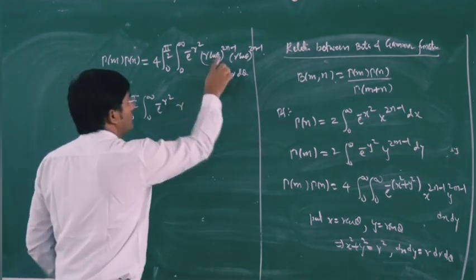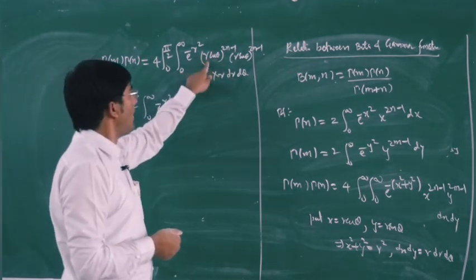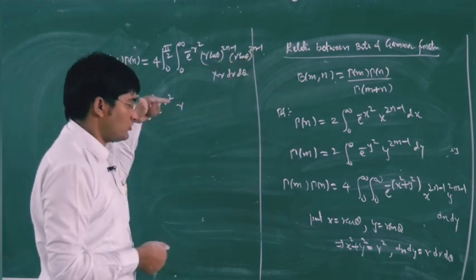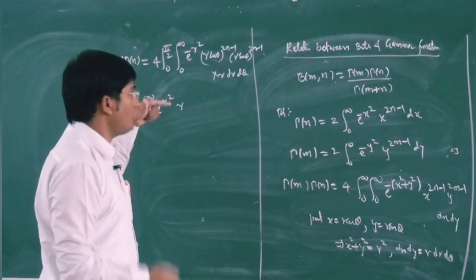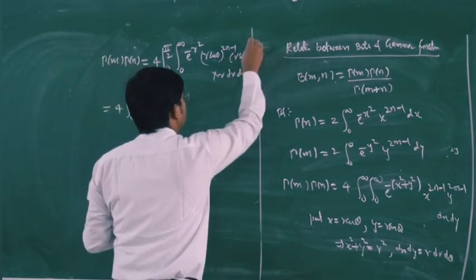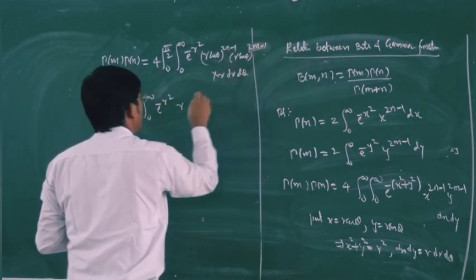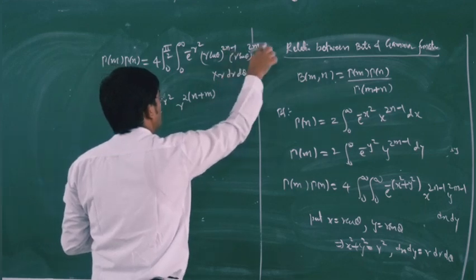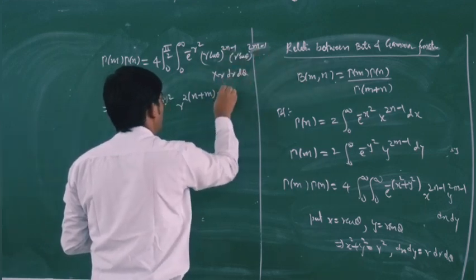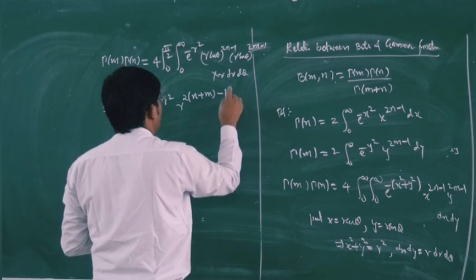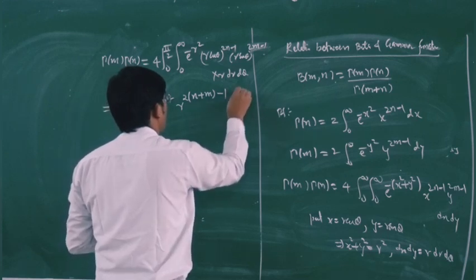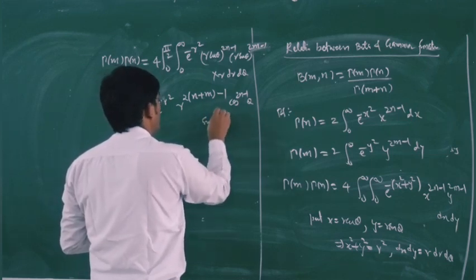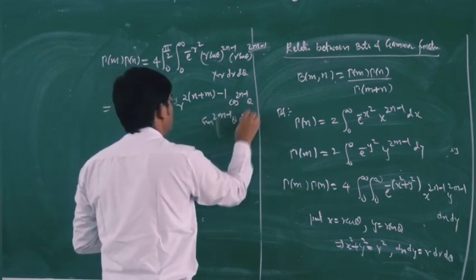Then the powers of r will be 2n minus 1 plus 2n minus 1, so the power of r will be 2 times n plus n. Now this will be minus 2 plus 1, so we have minus 1, and then we will have cos power 2n minus 1 theta, sin power 2m minus 1 theta into dr d theta.